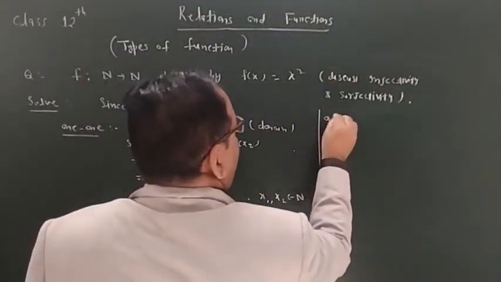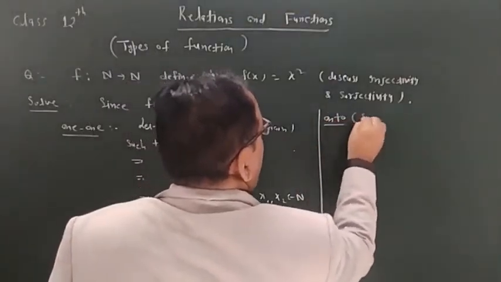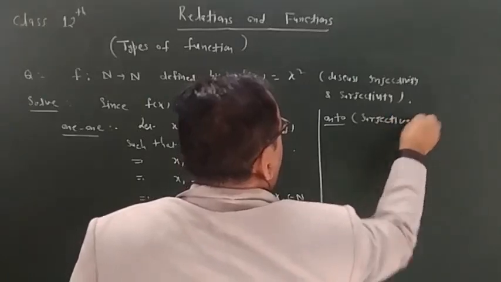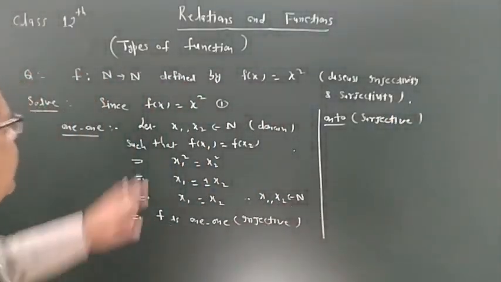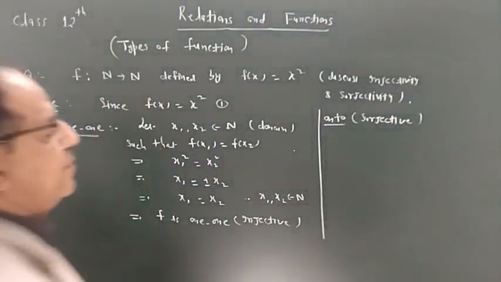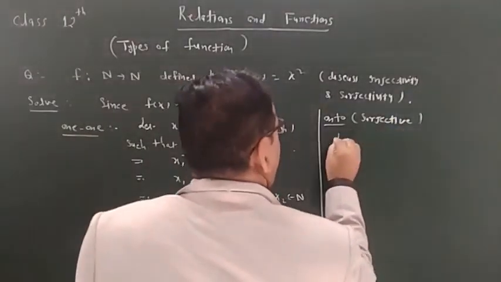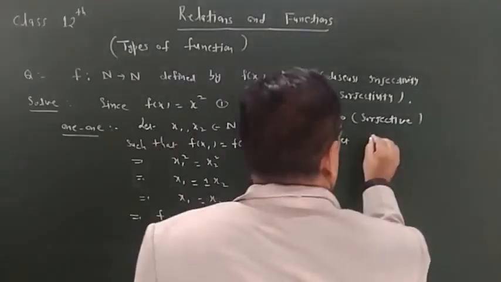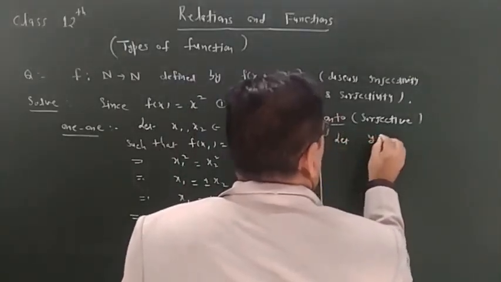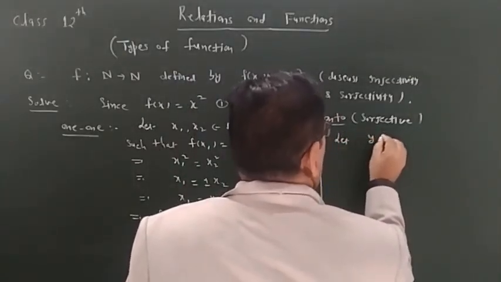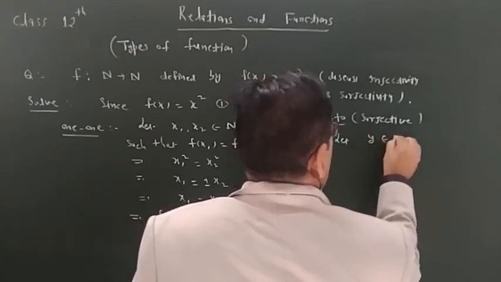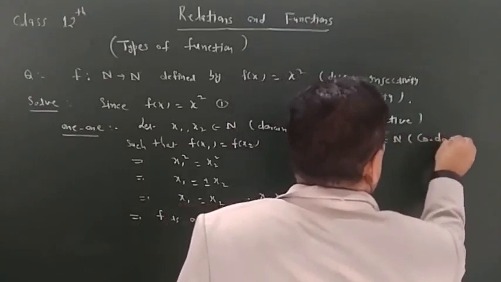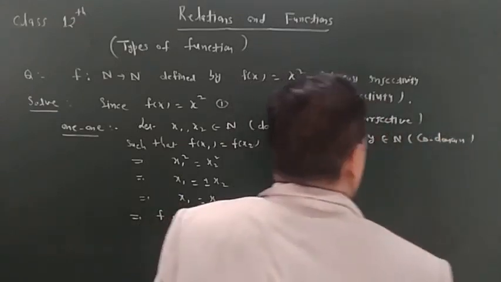Now we discuss whether the function is onto, that is surjective, or not. For it, let y belong to N, the codomain.